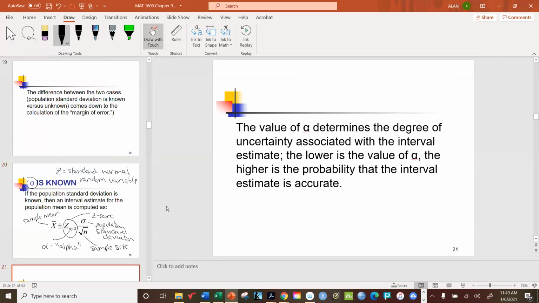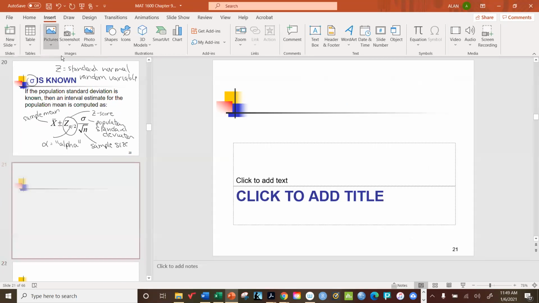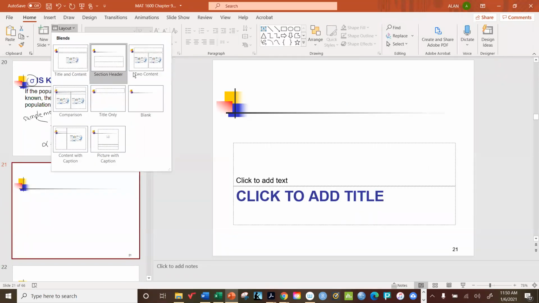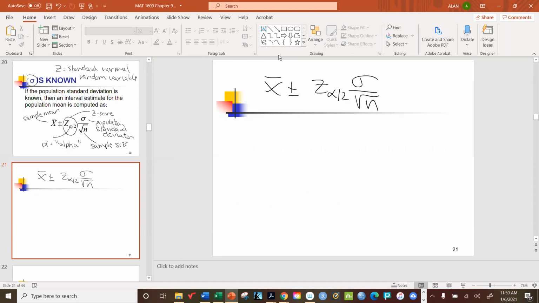This formula basically is telling me to do the following. So where it says x bar plus or minus z alpha over 2 sigma over radical n, this piece on the right-hand side is the so-called margin of error.